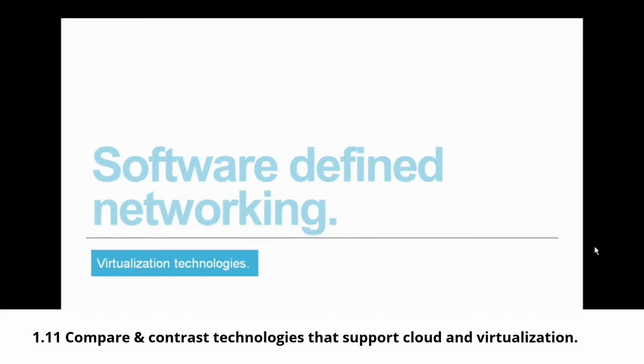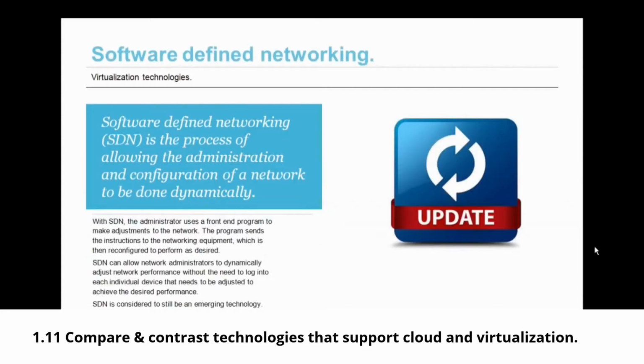Next up, software-defined networking. Software-defined networking, or SDN, is the process of allowing the administration and configuration of a network to be done dynamically. With SDN, the administrator uses a front-end program to make adjustments to the network.